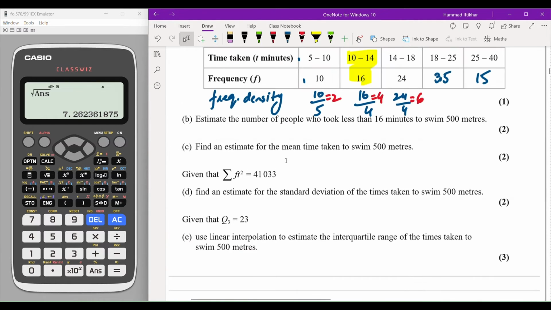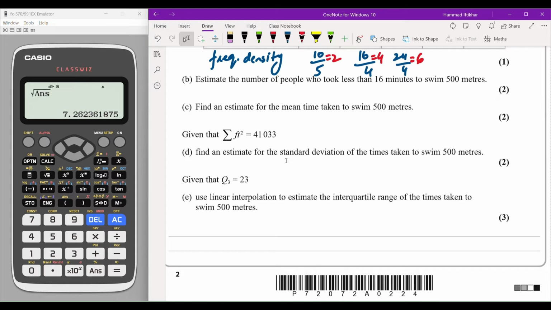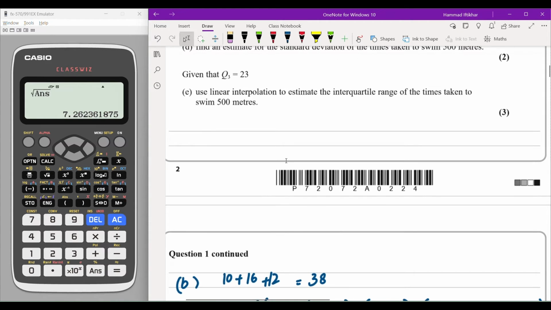Right, okay. Then we are given that the upper quartile, so Q3 means upper quartile, is 23. Use linear interpolation to estimate the interquartile range of the times taken to swim 500 meters. Okay, so basically means we need to figure out where the lower quartile is.